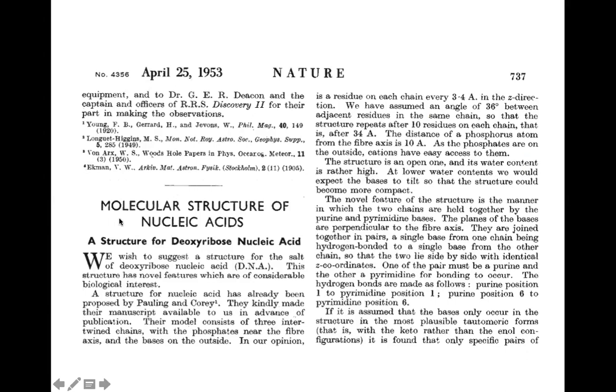And this is the very small, one-page paper published by Watson and Crick and Wilkins, on the molecular structure of DNA nucleic acids, on 25th April 1953 in the weekly journal Nature. That was a big discovery in biology, and the discoverers got the Nobel Prize.